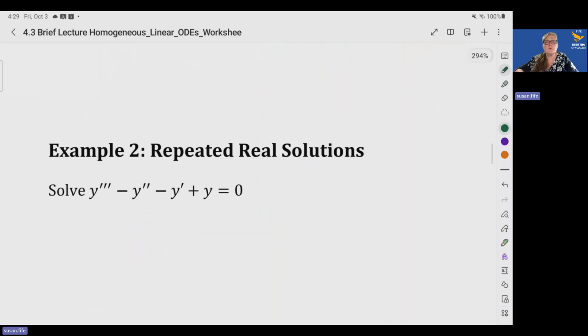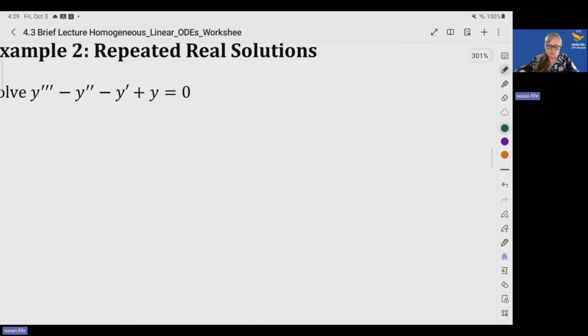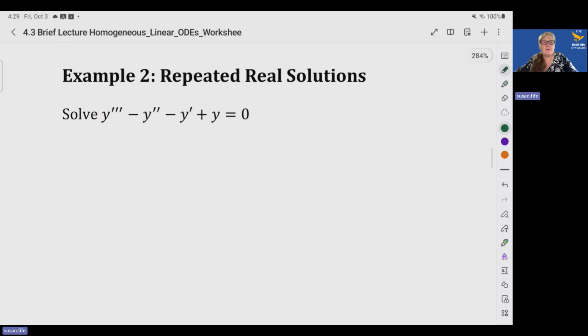Let's look at repeated real solutions. That's what we'll get here. Notice that we have a third order ODE. That means that we're looking for three linearly independent solutions, y1, y2, y3. And we can put them together to get the general solution, c1 y1 plus c2 y2 plus c3 y3.